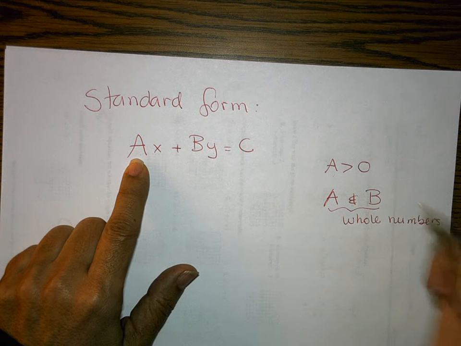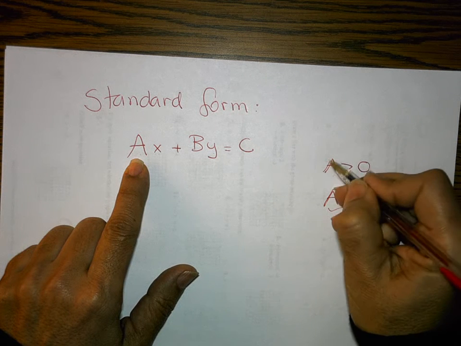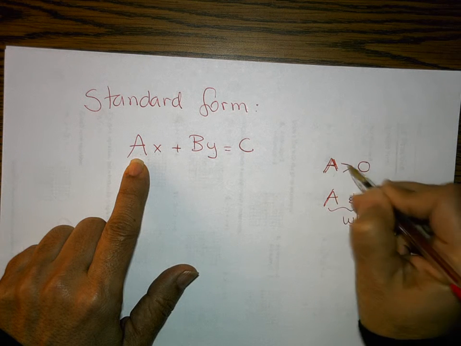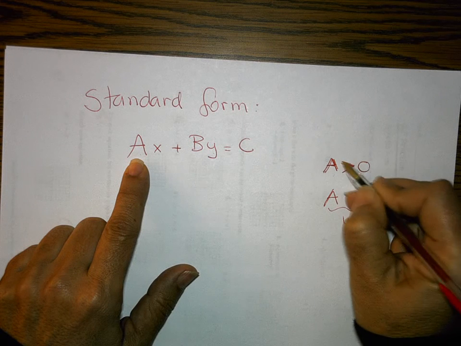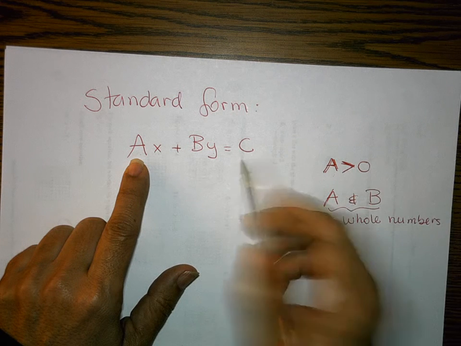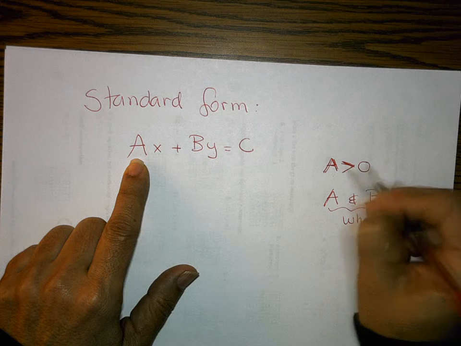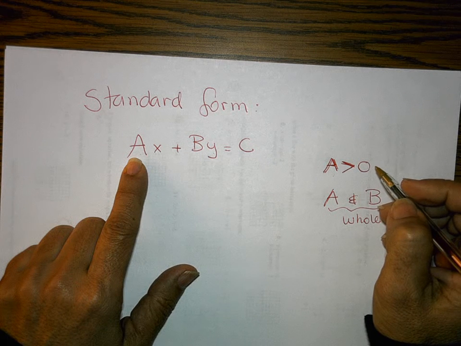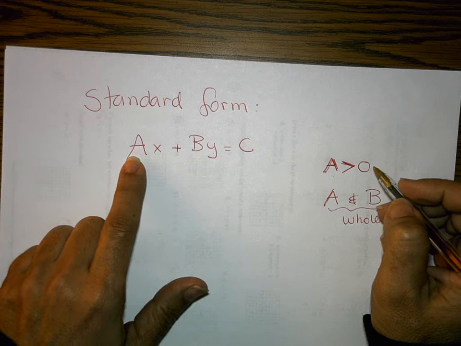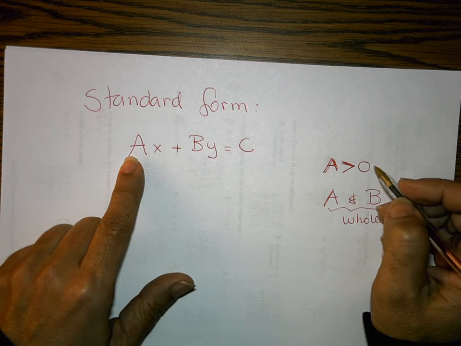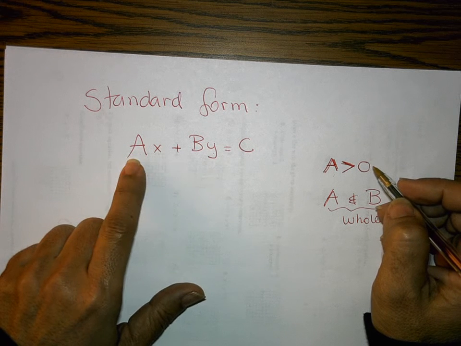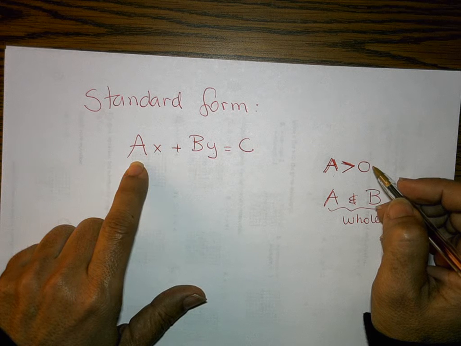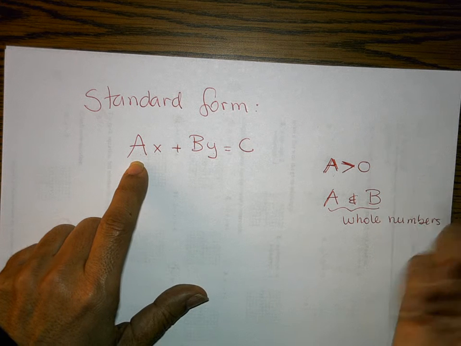As you go into higher math, you will see more strictness with the standard form. They want the a value to be positive. In Math 1, you will see a as a negative number, but you also need to be aware that most of the time we want a to be positive if we can, and I'll show you how.